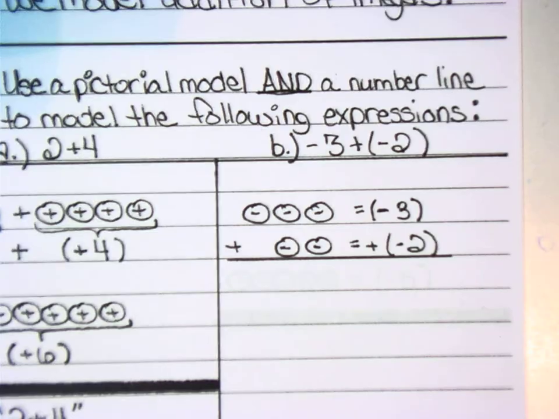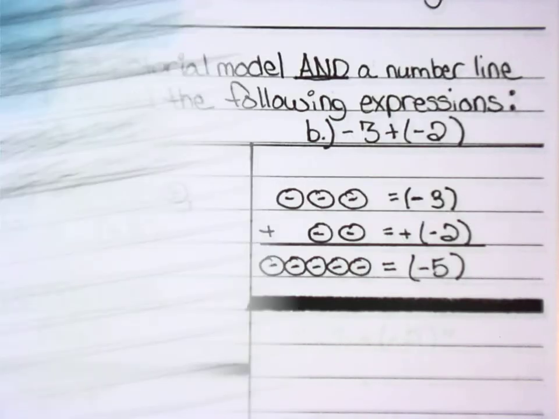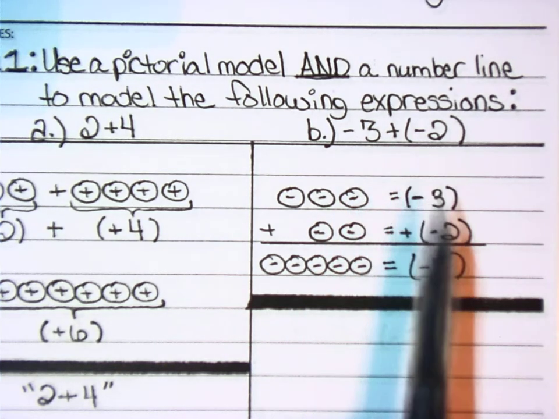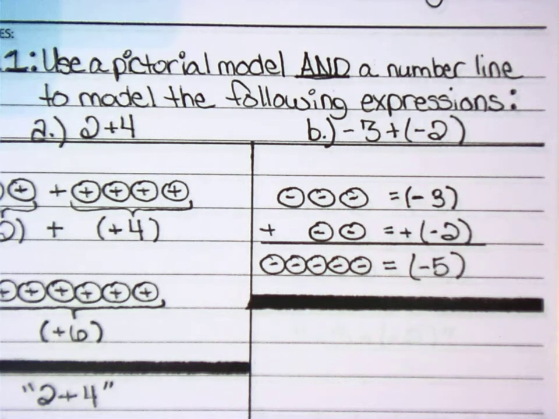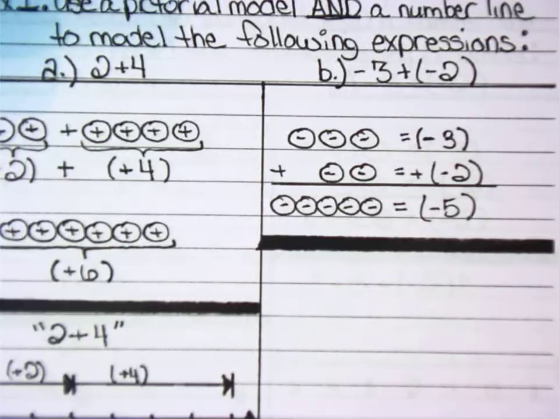And just as suspected from the previous example, when you join 3 negatives and 2 negatives, you end up with 5 negatives, a grand total of negative 5. Pretty easy. Whenever you add negatives to more negatives, you just get a whole lot more negatives, just like with the positives. Now let's go ahead and model this example with a number line.